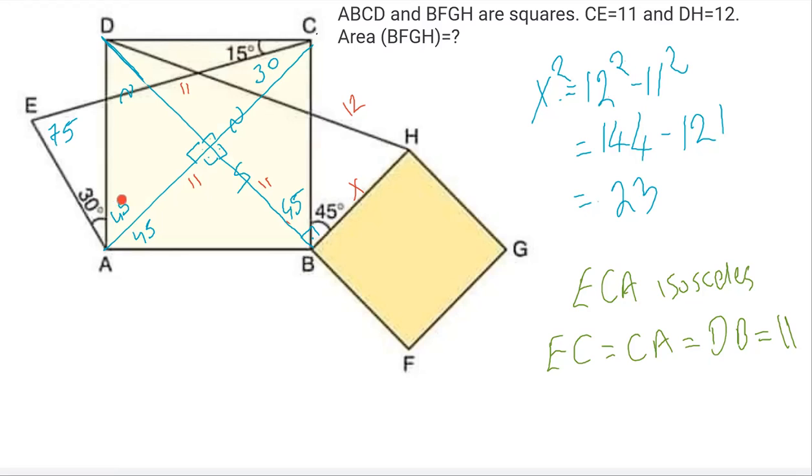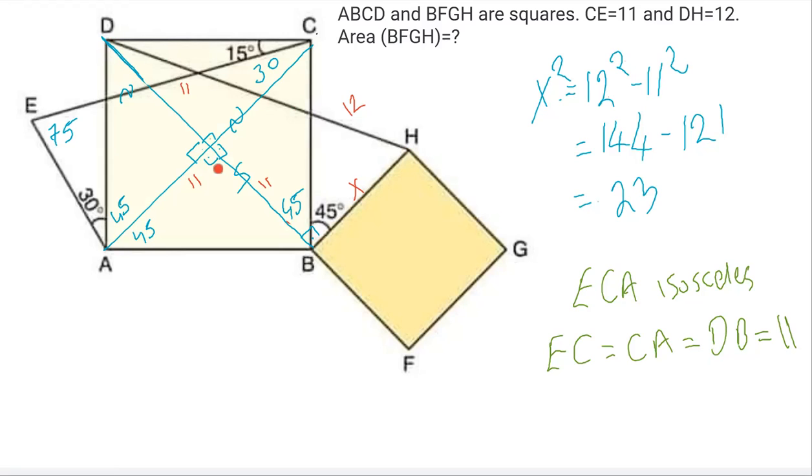If you look carefully, this is 75, this is 75, so this triangle is isosceles. If this is 11, this is 11 too. AC is 11, it's a diagonal, and this is the other diagonal, equal to AC. This is also 11. Now we get something which connects 12 and 11.